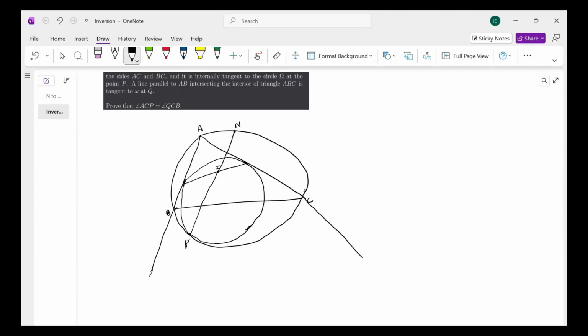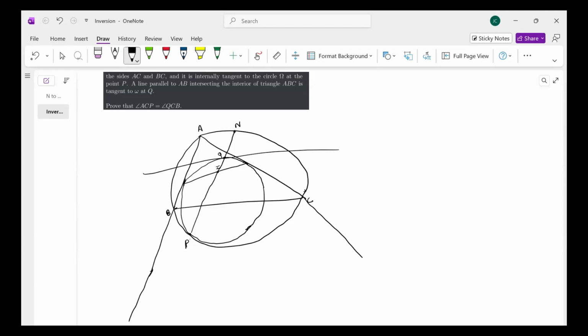Q also lies on this line, PI, because it's tangent, by homothety. Yes, this point would be Q. You know that P is the only common point of the two circles.